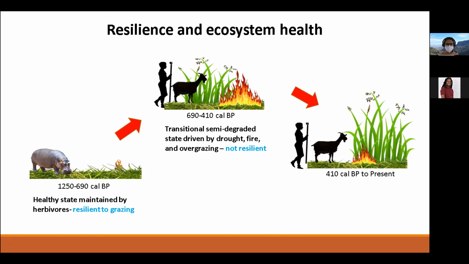The jury is still out, because we have very poor representation of charcoal from grasslands, and the dung fungal spore records we get from grasslands are very sparse, which shows that there are other things going on.